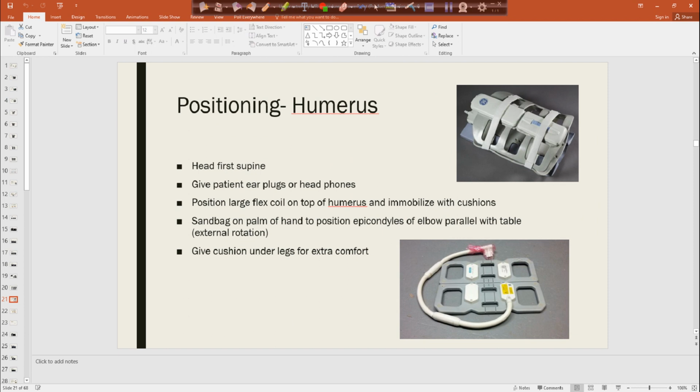All right, humerus. Once again, a long, skinny bone. What's a parameter we could use to reduce our time and maintain our spatial resolution? We talked about it with an L spine, a long but skinny structure. We can utilize this for L spine, humerus, tib fib, femur.